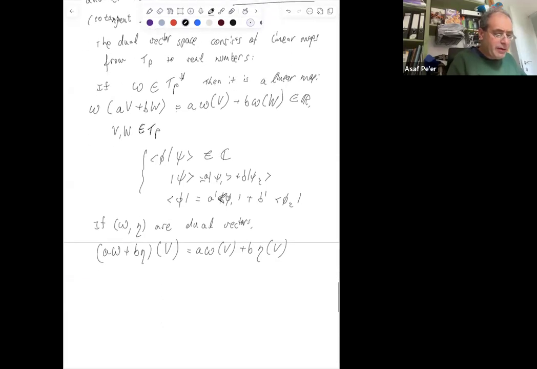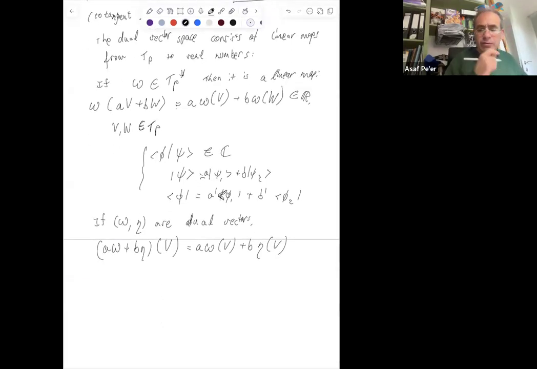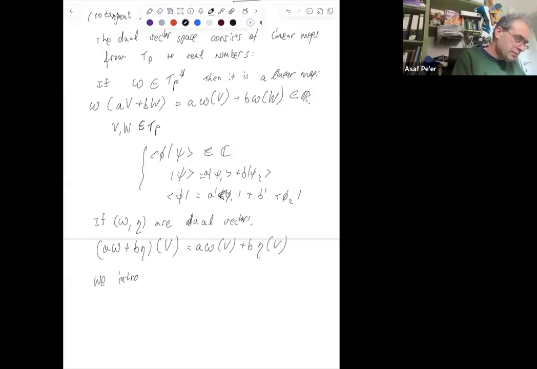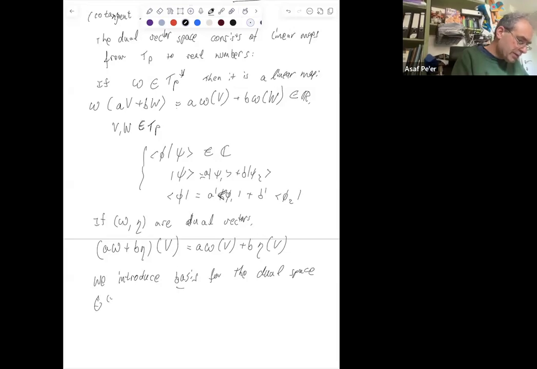Now, since they form the dual space, we can introduce a basis for the dual space. Of course, now it will be theta with an upper index.